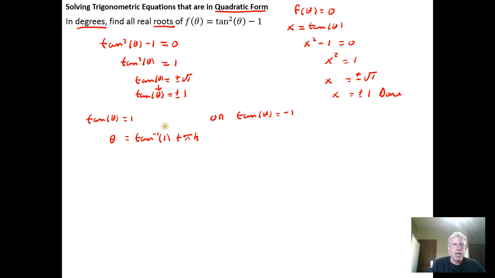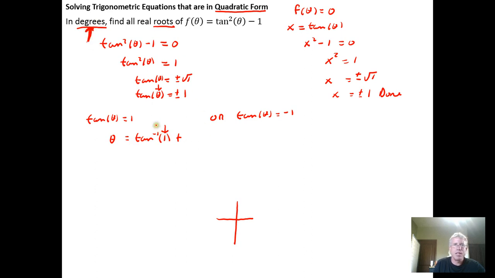And then we want to check, does the side ratio 1 correspond to a special angle on the unit circle? I don't want to do pi k here. I'm being bad because in this example we want the answer in degrees.